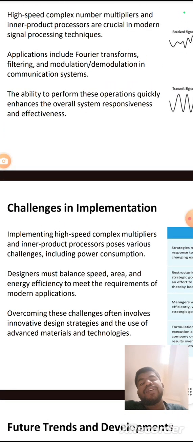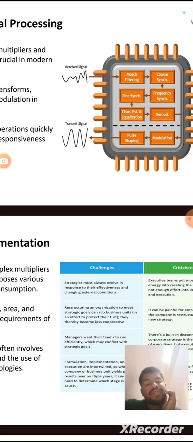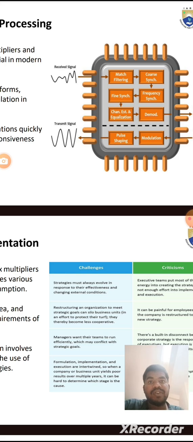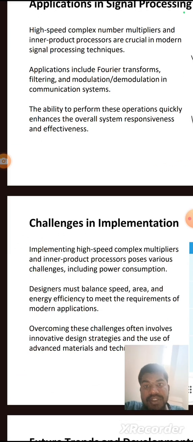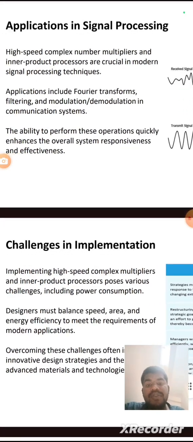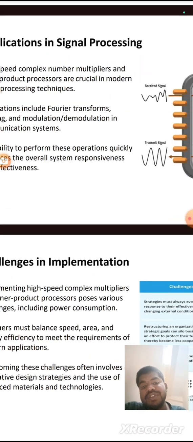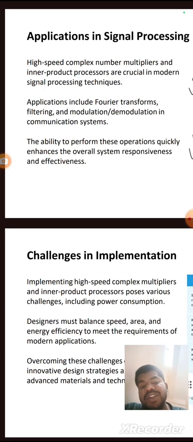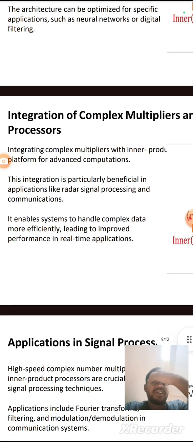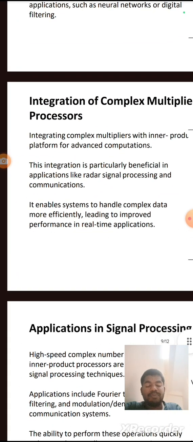The ability to perform these operations quickly enhances system responsiveness and effectiveness. We see in this diagram a matched filtering process. Applications include Fourier transformation, filtering, modulation, demodulation, and communication systems. Integration of the complex multipliers and the processors.